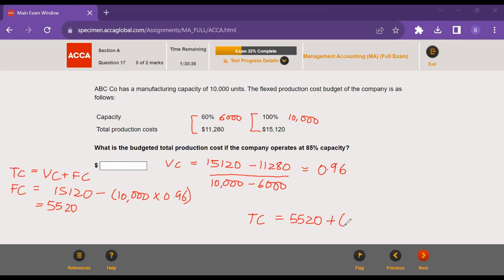It is 85% of 10,000 units, which will give you 8,500 units, and per unit cost is 0.96. So if you solve this, you will have your answer as 13,680, and same I will put in over here. Right. With this, I move on to the next one.